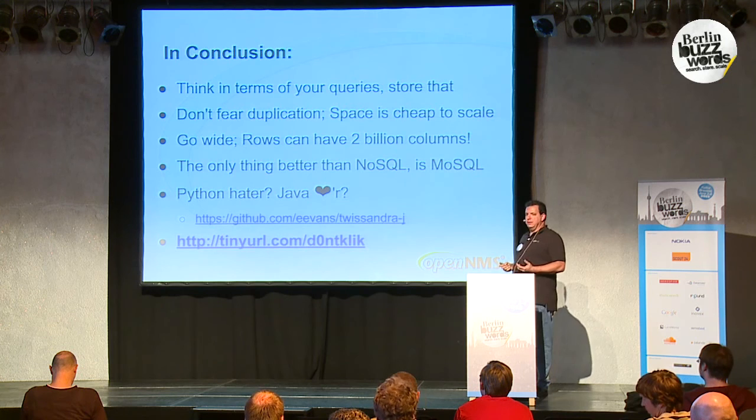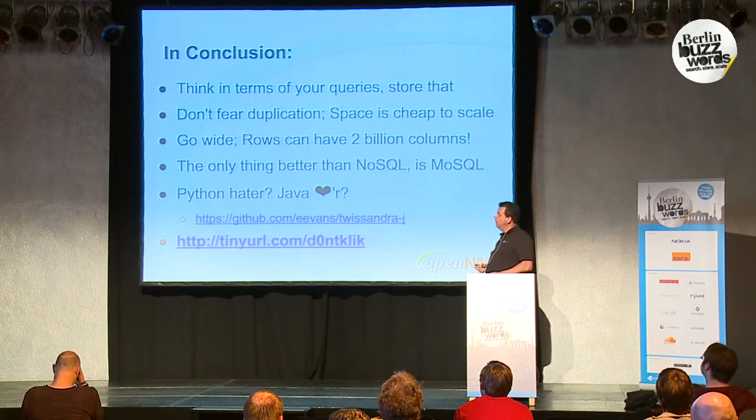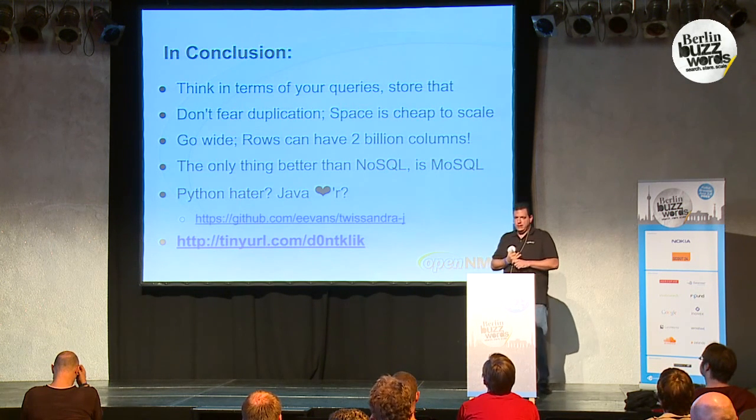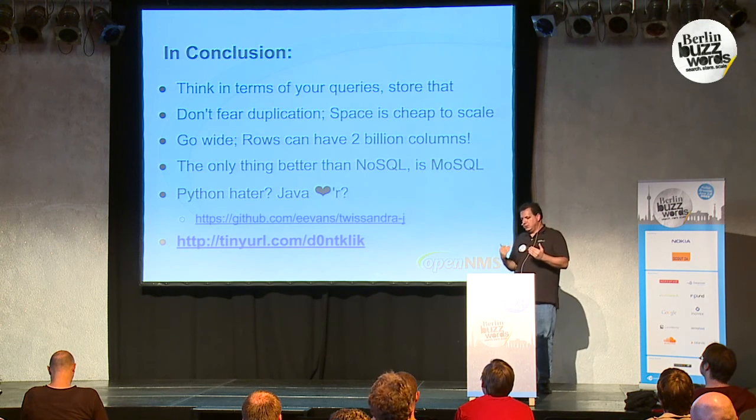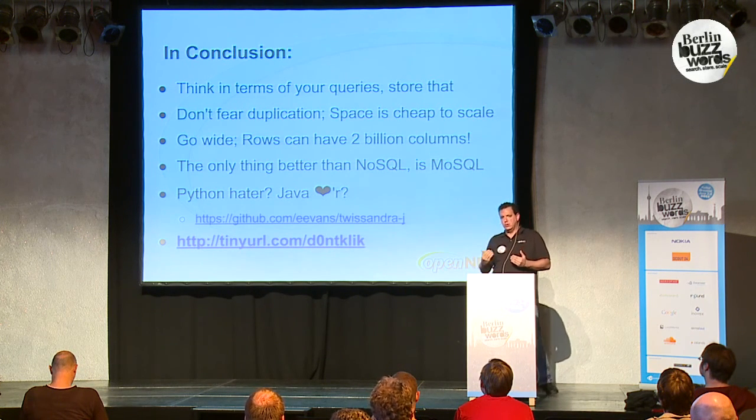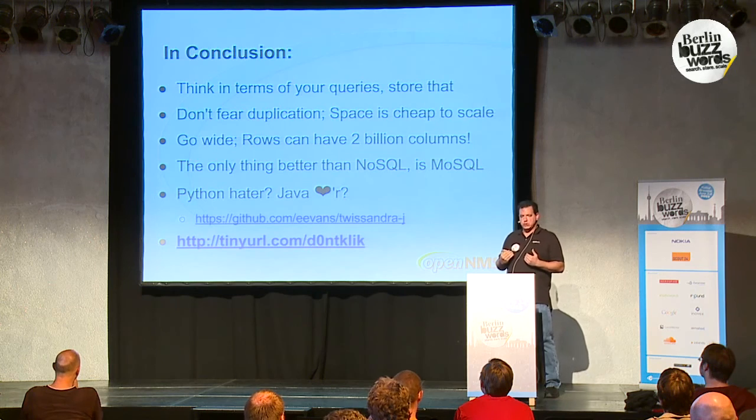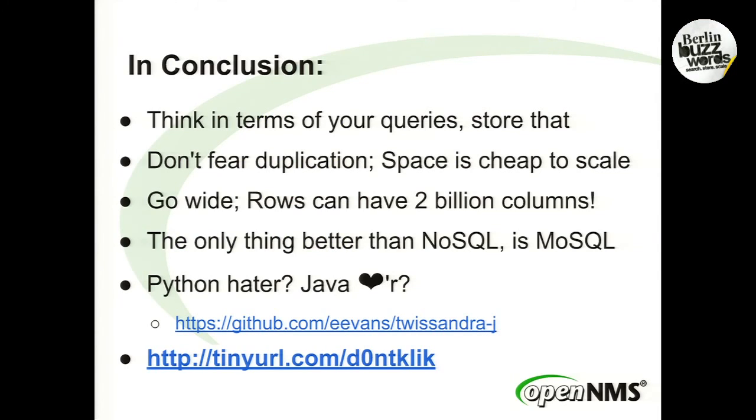And that is pretty much it. That's pretty much what I wanted to show: you need to think of your queries in reverse. You need to think of what the results you want to get back should look like, and store that, as opposed to the normalized representation of that data.